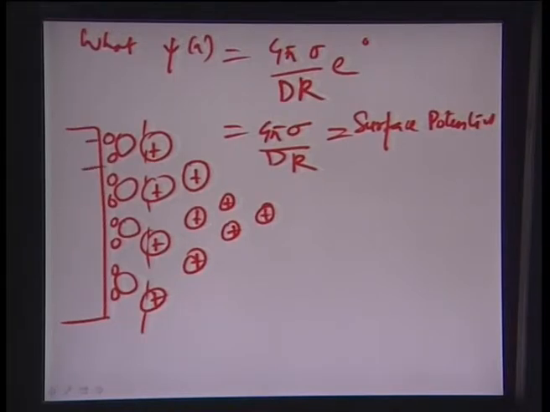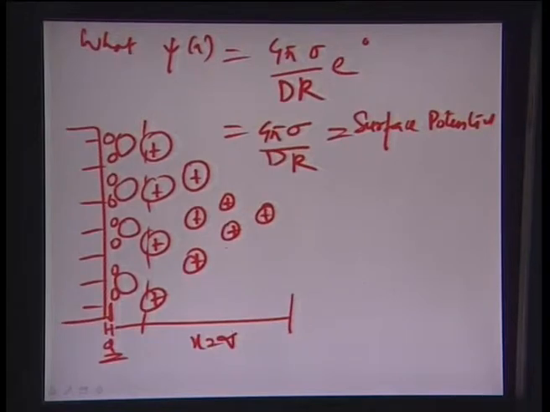And so, the electrode here is negatively charged, and the ion size parameter can be somewhere very close to the surface. Let us say it is a. So, between a and x equal to infinity, there is a charge distribution, but at a the potential really is the surface potential.